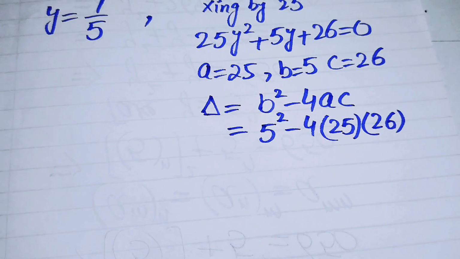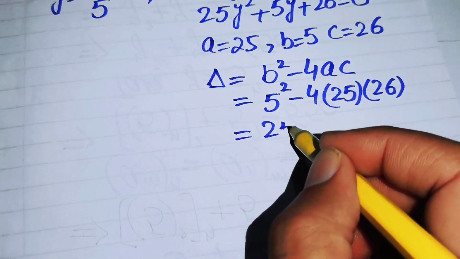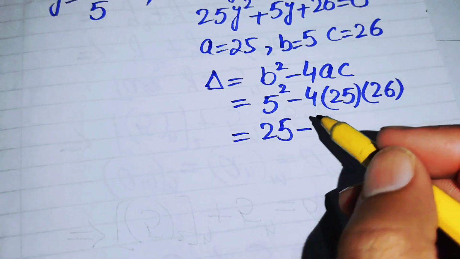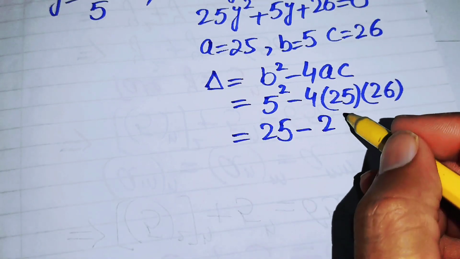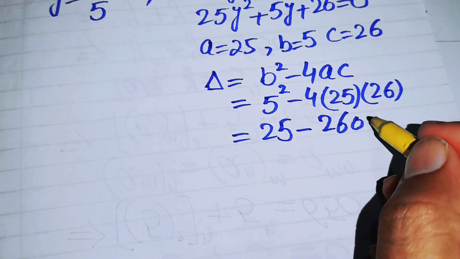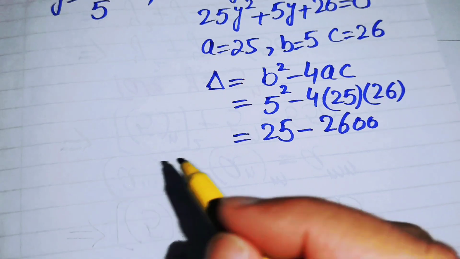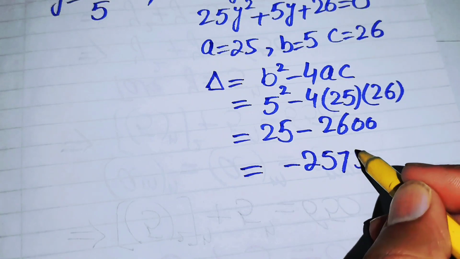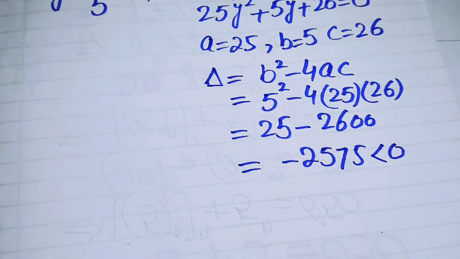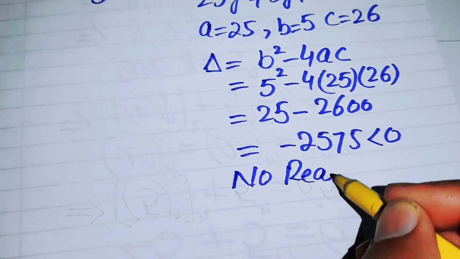When you multiply these values you will obtain 25 minus, and 4 times 25 times 26 gives 2600. Now we subtract 2600 from 25 and you will get minus 2575. Because it is less than 0, it means that it has no real root.